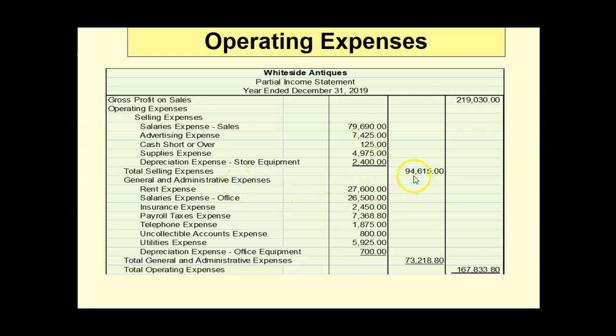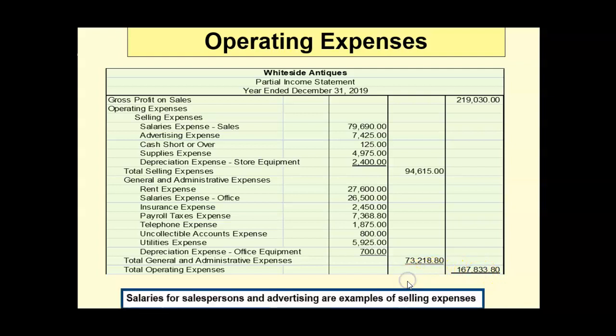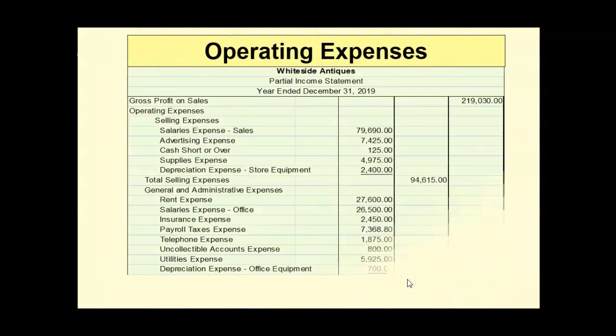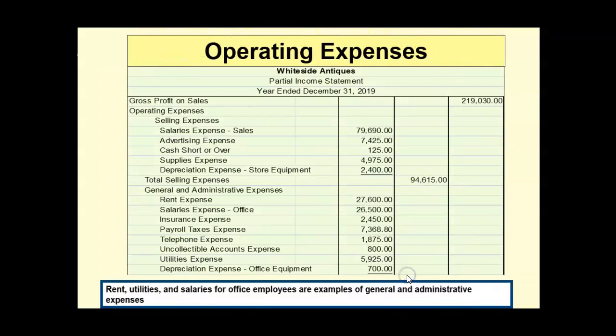So for each of these categories, you get a subtotal for the selling expenses and the same for the general and administrative expenses. You will add those together to get total operating expenses, in this case, $167,833.80.